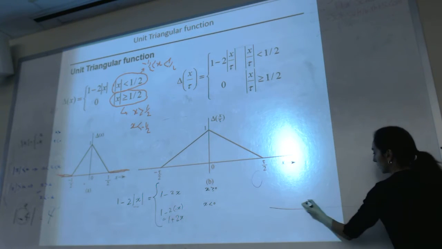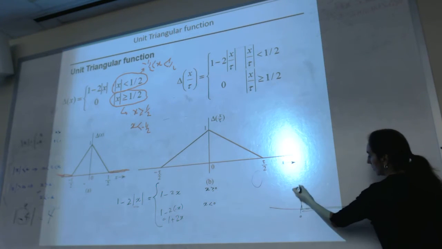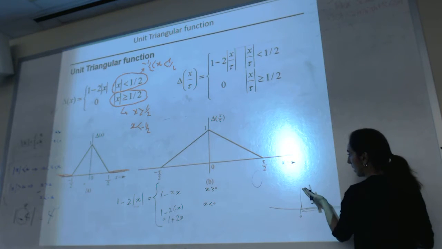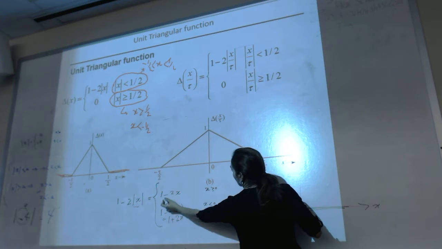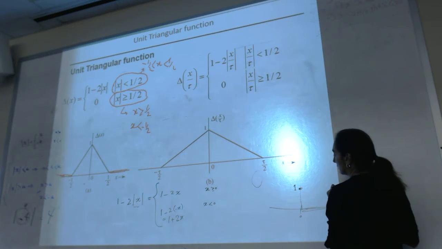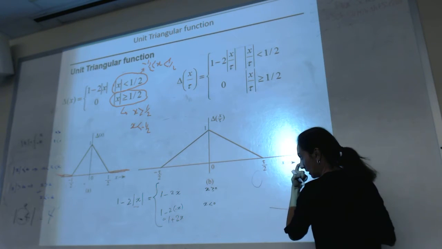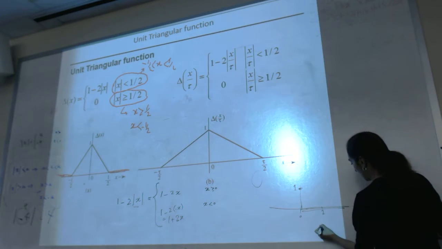So if I want to plot it, then if x is positive, in this range, 1 minus 2x is a line. Just put x equal to 0, you get 1. And x equal to 1, I get negative. So it's a line like this.